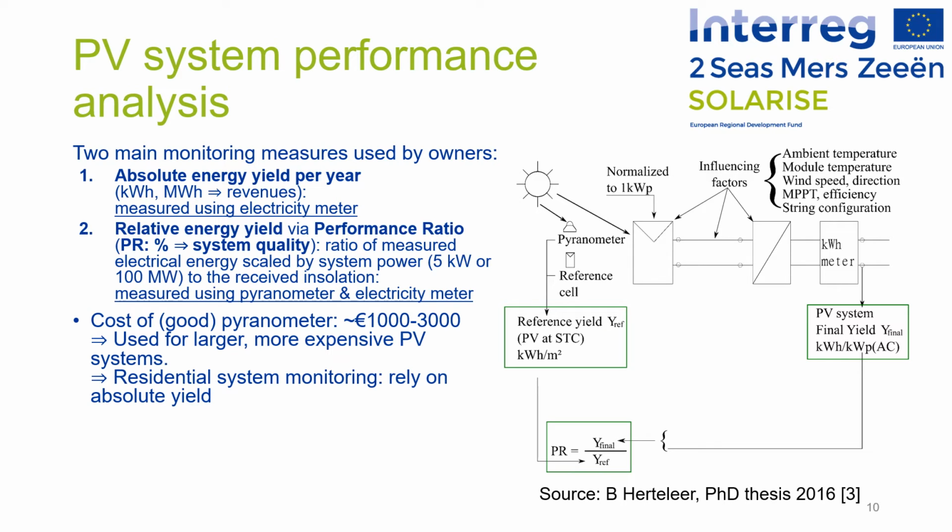With the cost of a good pyranometer being €1,000 to €3,000, it is clear that these are typically used for larger, more expensive PV systems, whereas residential systems or smaller commercial systems rely on the absolute energy yield. With all of this, monitoring on a daily, monthly, and yearly basis is key to see if there are outages or to catch underperformance.